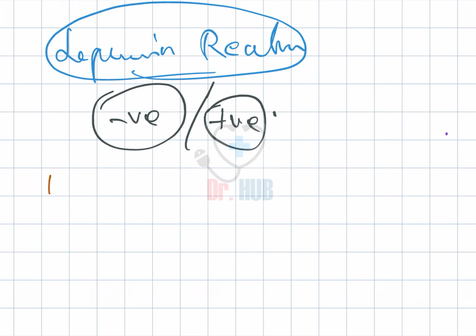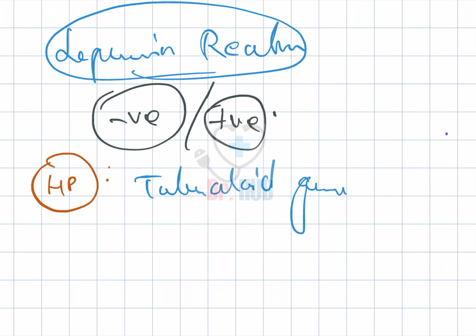On histopathology, there is presence of tuberculoid granulomas, which are less prominent.